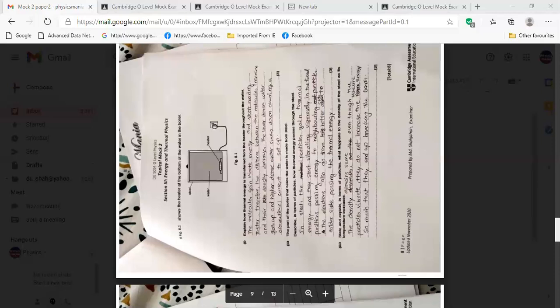Then volume slightly increases, hence density slightly decreases. Got it? So the density slightly decreases. Yes, it's clear now.